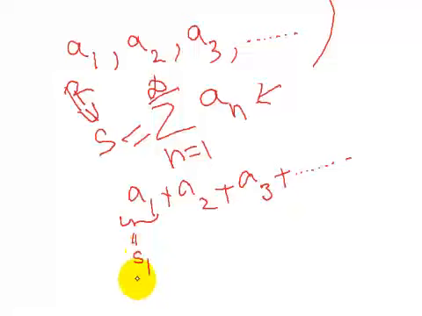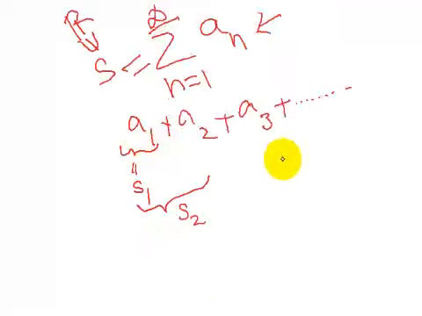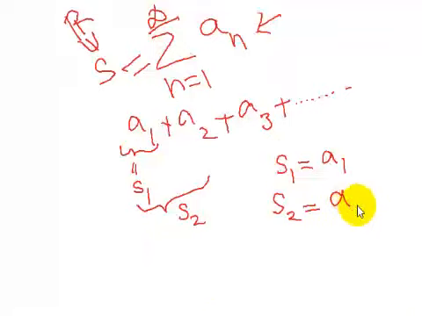Then I add the first two terms only, S sub 2, and so on, right? So S sub 1 is the first term of the sequence, and S sub 2 is the addition of the first two terms of the sequence.